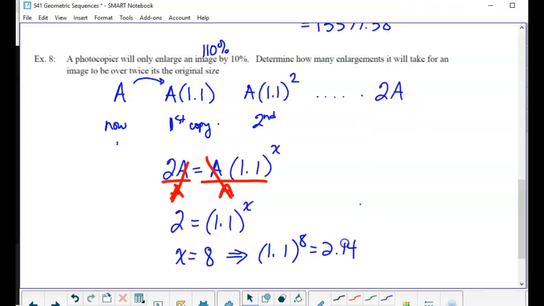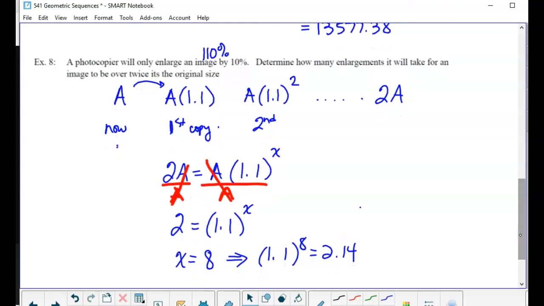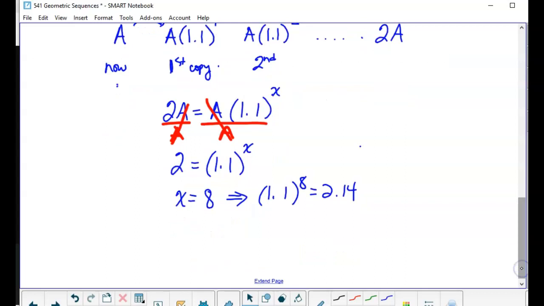Okay, so now in words, what is that? When we have an exponent of 1, that's the first copy. When we have the exponent of 2, that's the second copy. So if we have the exponent of 8, we need to do this 8 times.